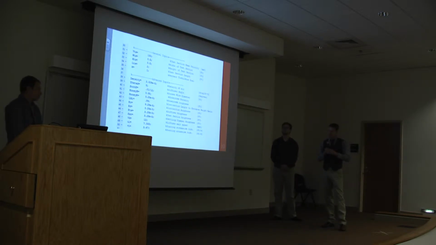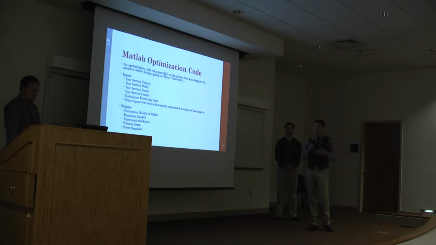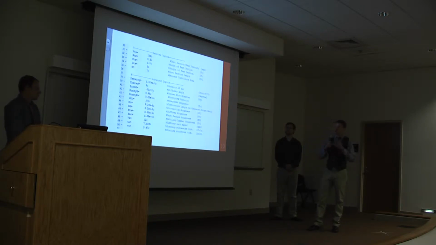Here is a small sample of what the inputs are, and what the code looks like on the main screen. You've got your velocity up top and your height and width, and then all the rest of your other inputs that depend on your materials.